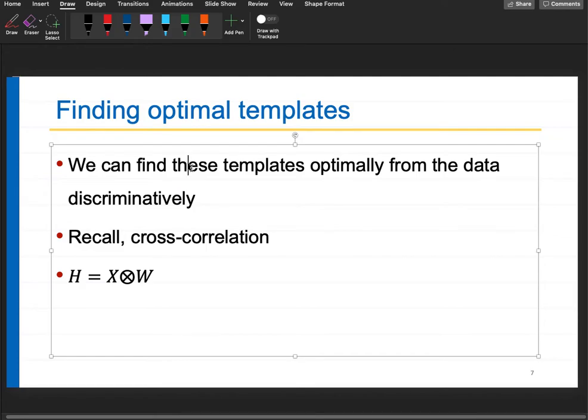Train over only one class of samples. That is discriminative. Anybody else? Yes. So discriminative means you are training from both the classes.